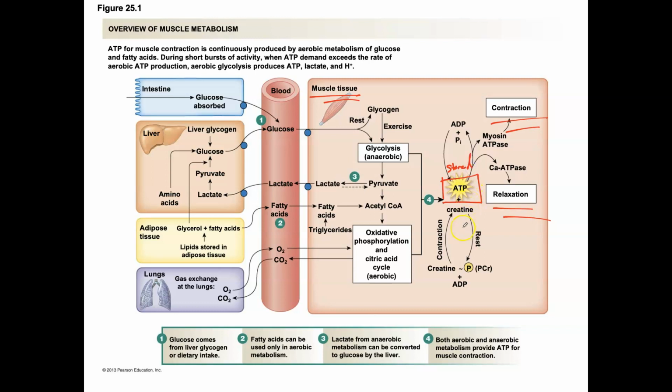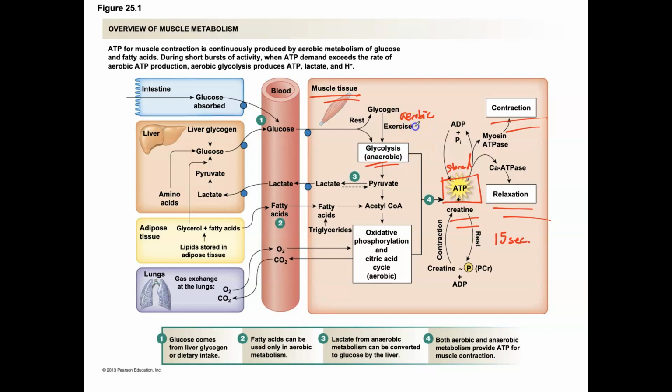Some of that ATP is replenished through the phosphocreatine pathway. But it's a very limited amount of time. It's that 15 seconds of time. So in order to sustain muscle activity, we need to rely on aerobic activities, or we need to shift into anaerobic if necessary.